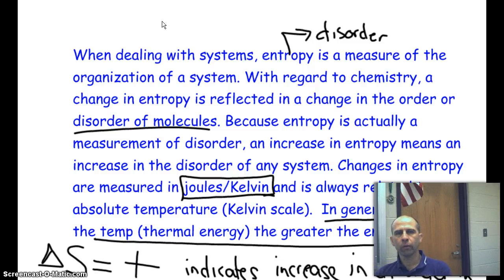So when you're dealing with systems, you can kind of talk about entropy as a synonym to disorder. How much organization and separations within the system. With regard to chemistry, a change in entropy will show up perhaps as disorder of molecules.